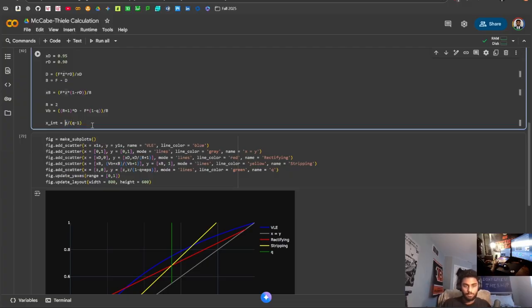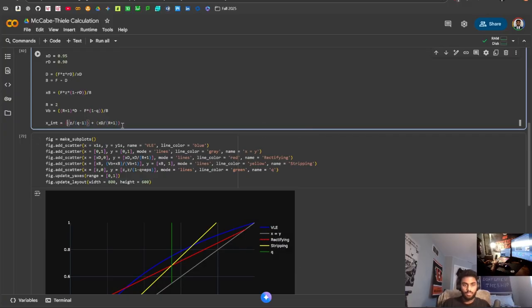Right? And then from this, we're going to subtract, no, we're going to add, sorry, xd over r plus 1. Exactly.